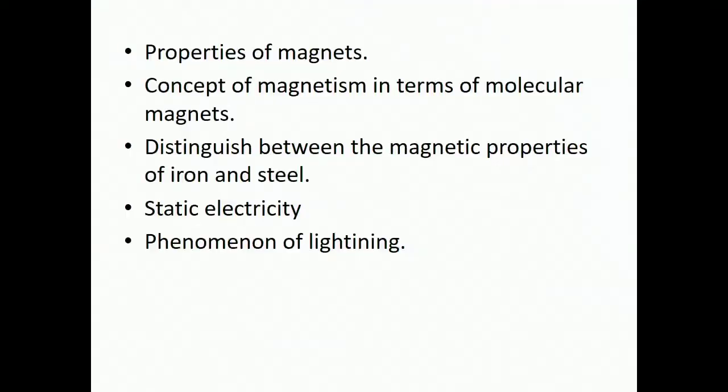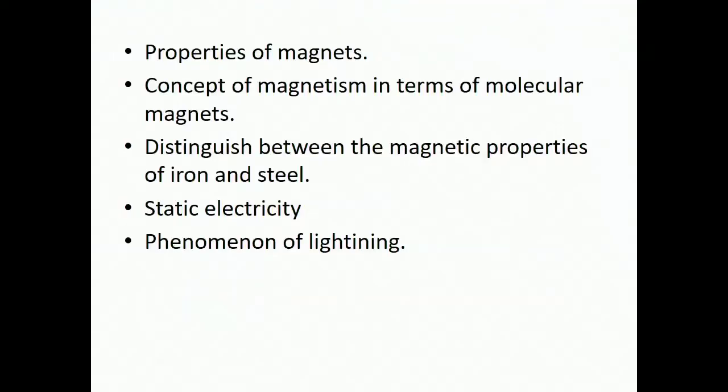Then static electricity, be able to distinguish between static electricity and electric current in terms of their definition, and be able to state the phenomena of lightning, how lightning takes place.